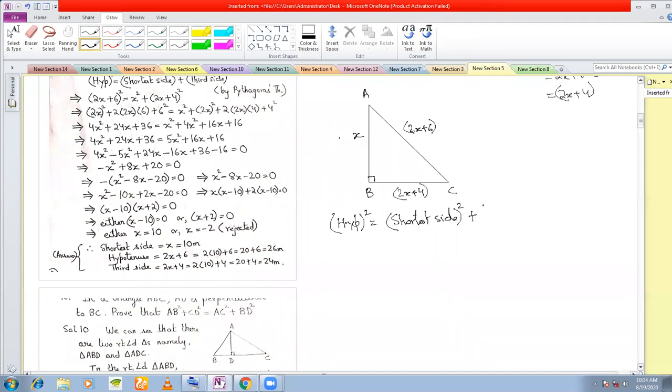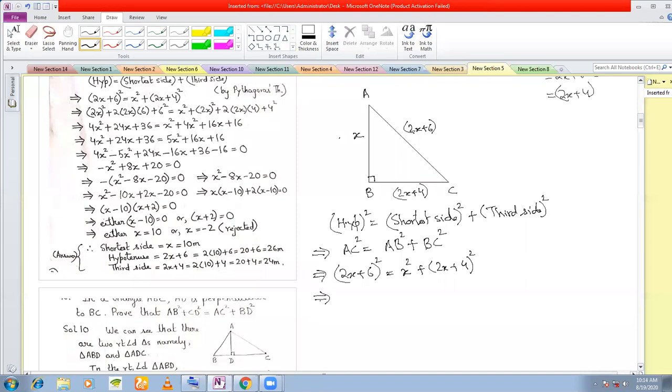So the hypotenuse is AC, the shortest side we have taken as AB, and the third side we have taken as BC. So AC is (2x plus 6) whole square, AB is x square, and BC is (2x plus 4) square. This is the relation that we get.